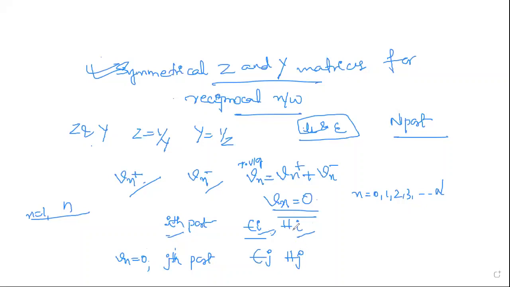Now for this, you are applying a theorem called the Lorentz reciprocity theorem. Now what is the Lorentz reciprocity theorem? So when you consider the electric field and magnetic field, that is the Lorentz reciprocity theorem.